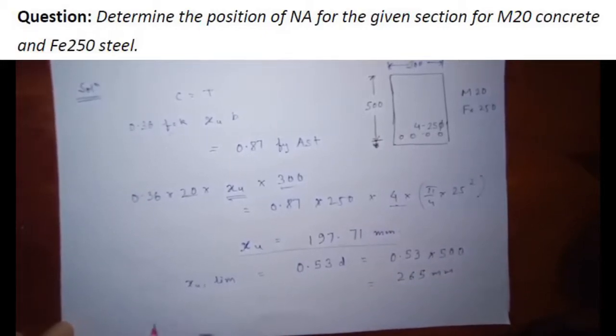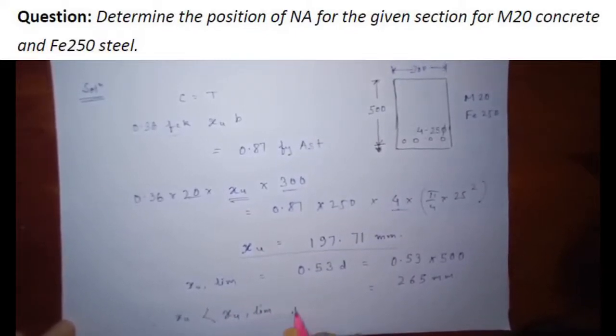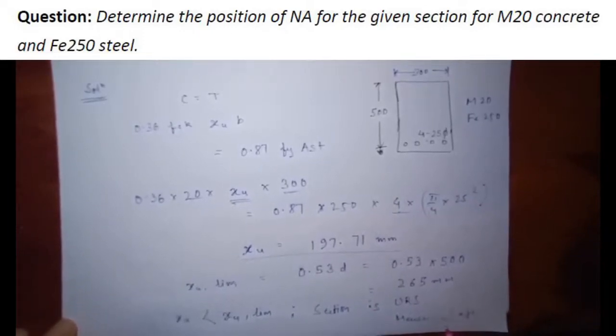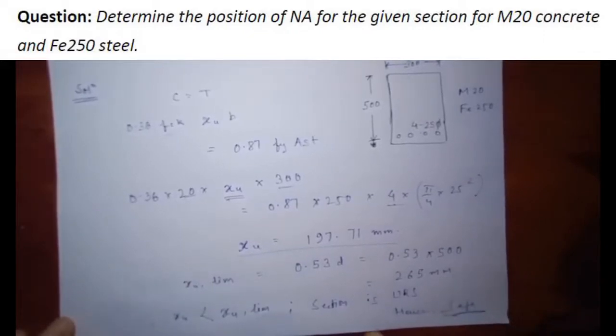Now since XU is less than XU limit, I can write the section is URS, hence it is safe. Hence our design is safe because XU is less than XU limit.